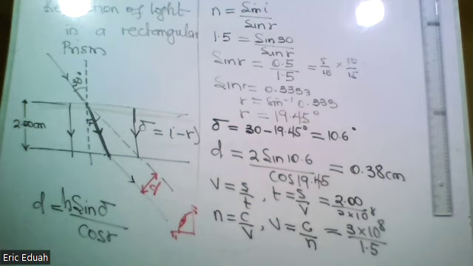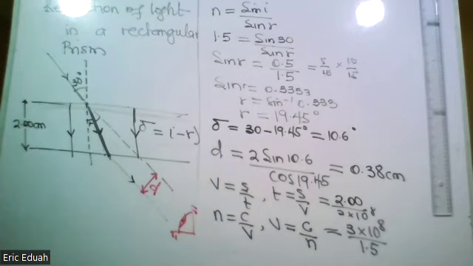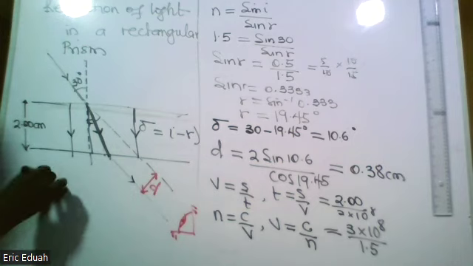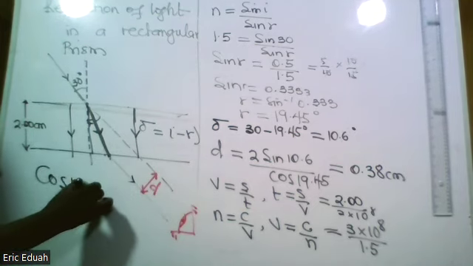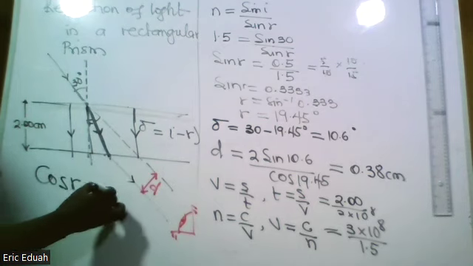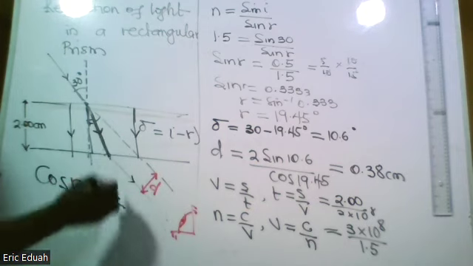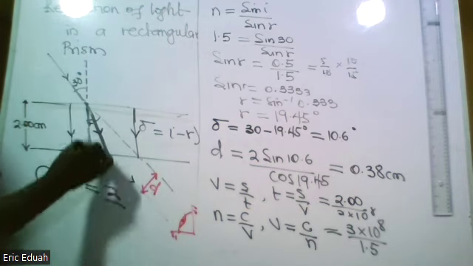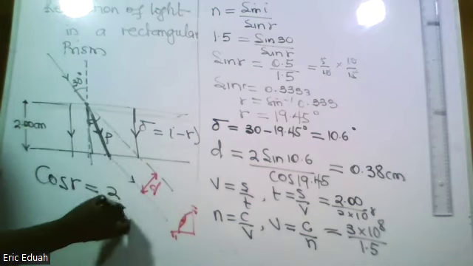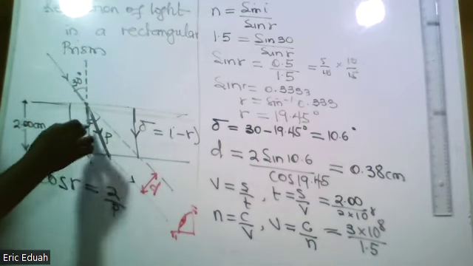Okay, so once you have R and we have the adjacent, if we use cos of R, cos R is the adjacent, which is 2, over this distance, the hypotenuse. Let's represent this by P. So the adjacent is 2.